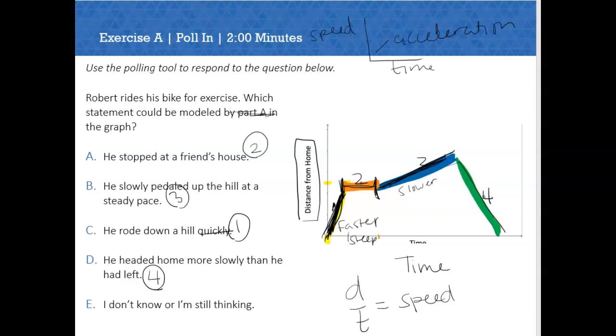You're coming back home, and back home could be uphill. And that's maybe why you're even going slow. You could be traveling up a hill slowly to get home. It has nothing to do with this going down. This is just telling us the distance is getting closer to 0. This is telling us the distance is getting away from 0. So those can be a tad bit confusing.